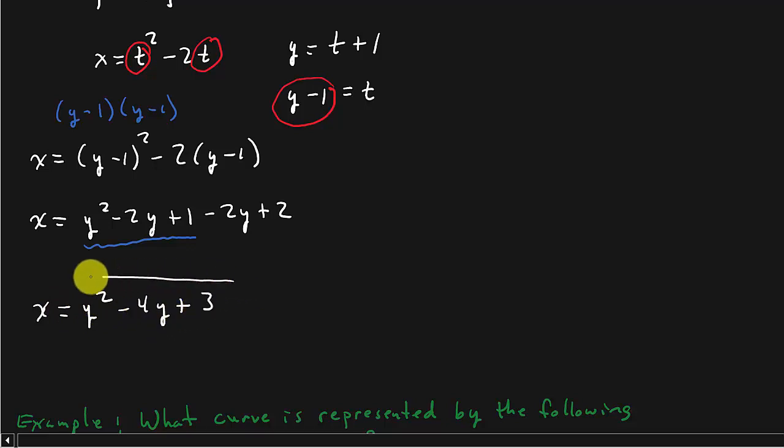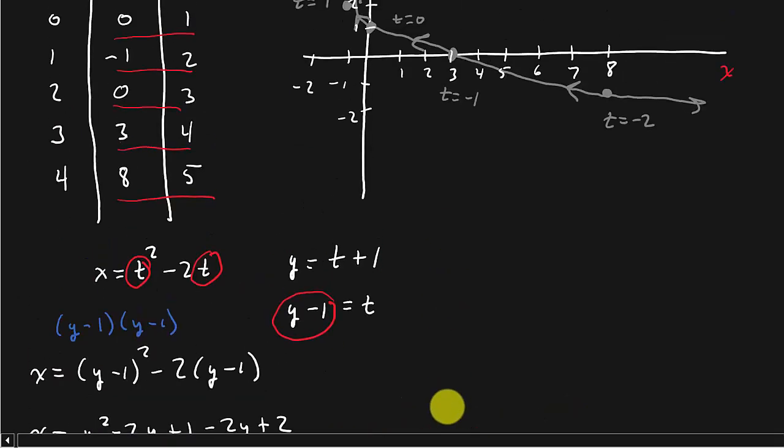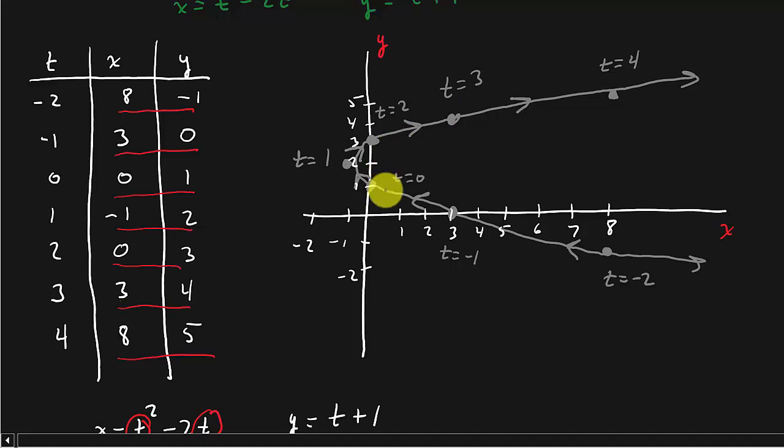And you can see that equation there is a parabola, y squared, and it's positive, so that opens to the right. And there's our parabola that opens to the right.